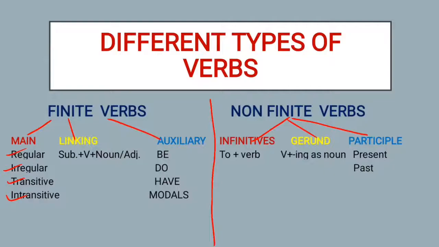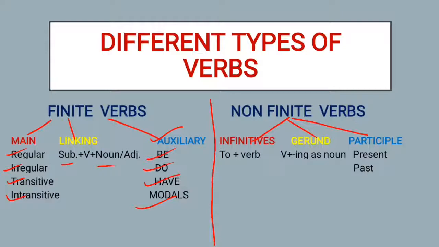Linking verbs are those verbs which link a subject with a noun or adjective in a sentence. And as we have already discussed, the helping verbs or the auxiliary verbs include be forms of the verbs, do forms of the verbs, have forms of the verbs, and modals.